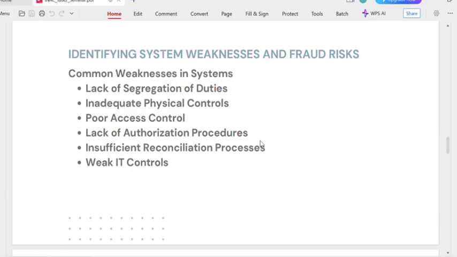So that's one example of poor access control. When we are talking about systems, we have these ERP systems across organizations, and every individual, like the production manager, has access to the production module only. Your financial manager would only have access to the financial module. Even in that module you would have tiers.